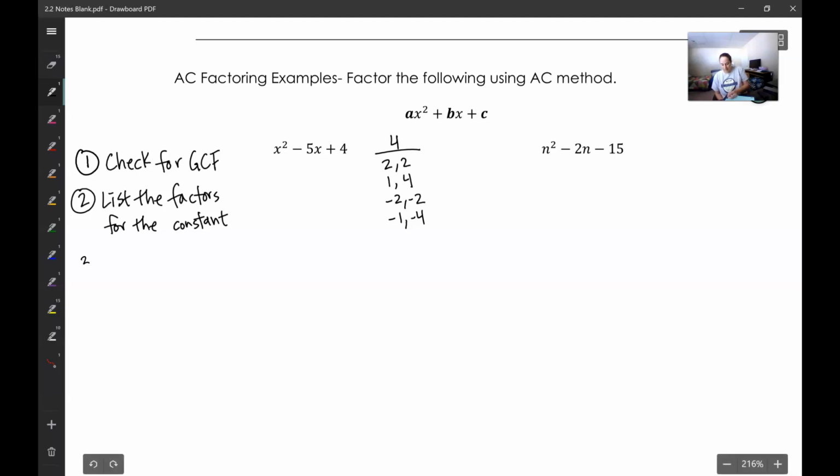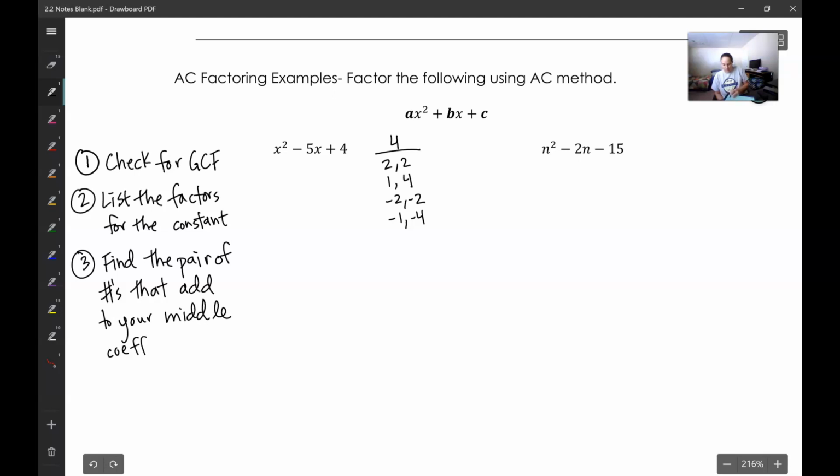Check. Step 3, find the pair of numbers that add to your middle coefficient. So my middle coefficient is this -5.